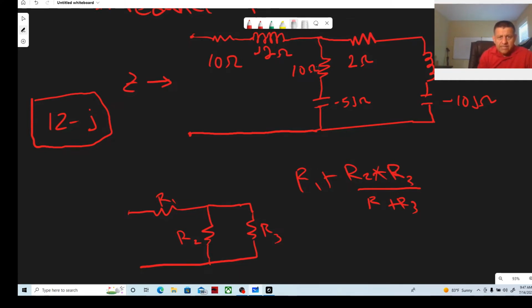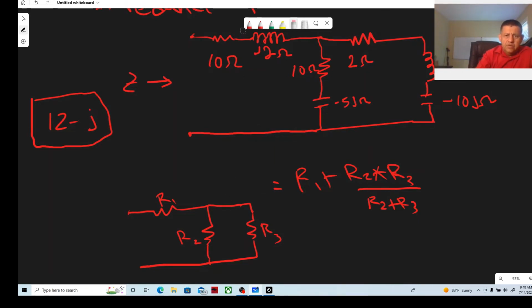The reason is that, remember, these are in parallel, and this is in series. So the combination of that will be R equivalent. I hope that makes sense a little bit.